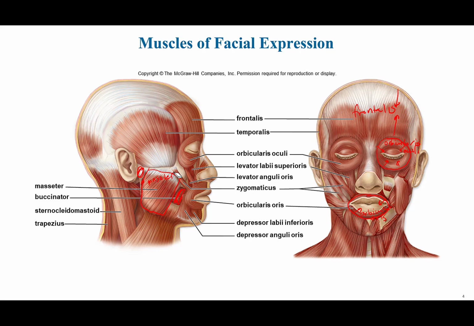This masseter, along with this muscle right here, it's called the temporalis, because it's on the temporal bone, right? That's why I tell you to learn the bones, otherwise you're gonna have trouble with the muscles. With the temporalis and the masseter, they help you elevate your jaw and help you like bite things. The buccinator helps you compress the food and move the food around with your tongue, which also is a muscle, FYI.